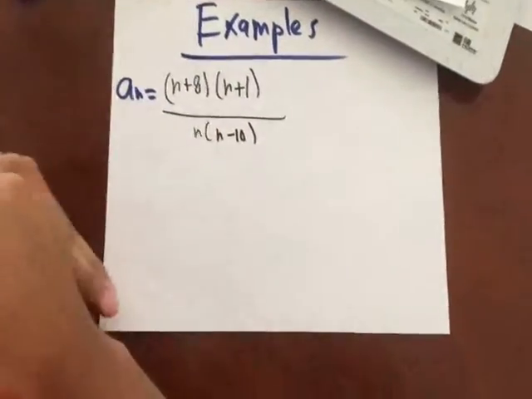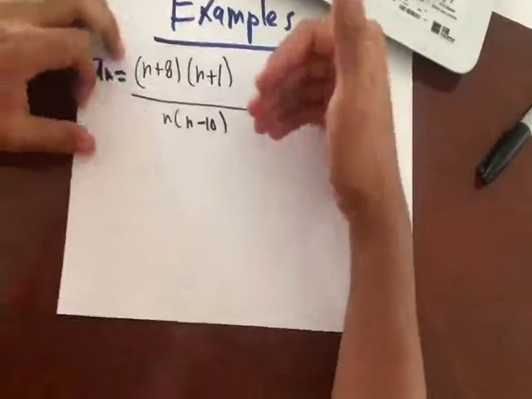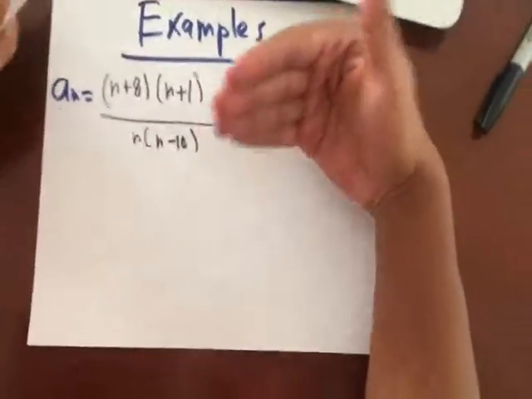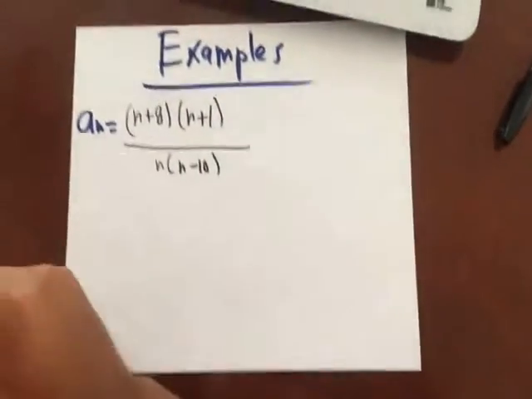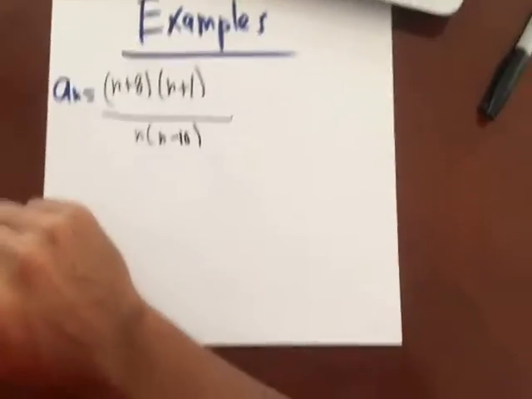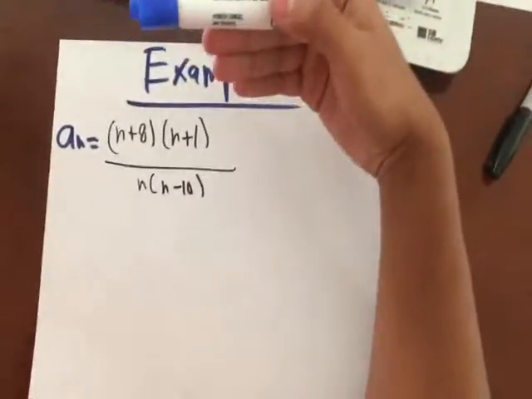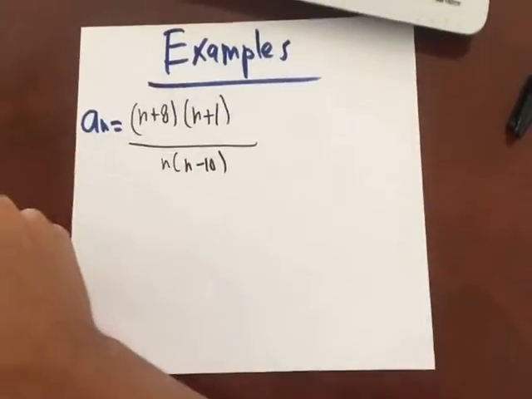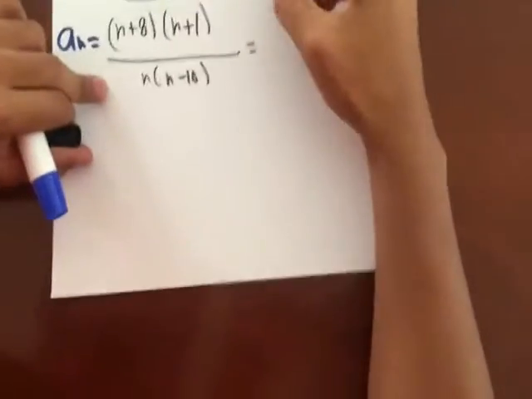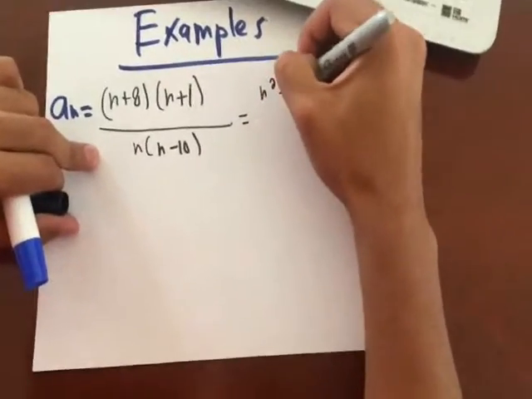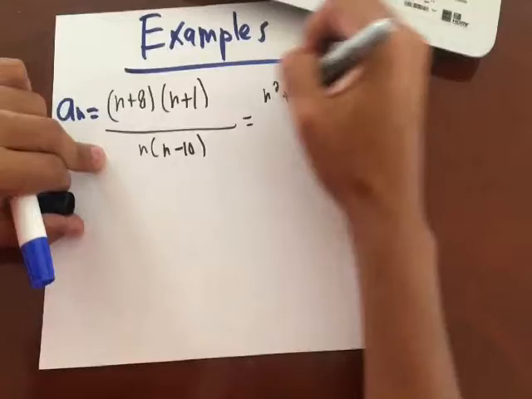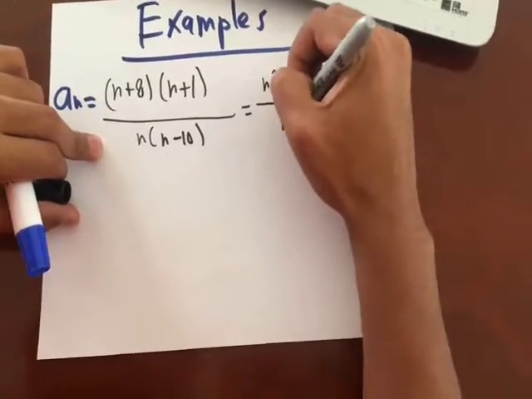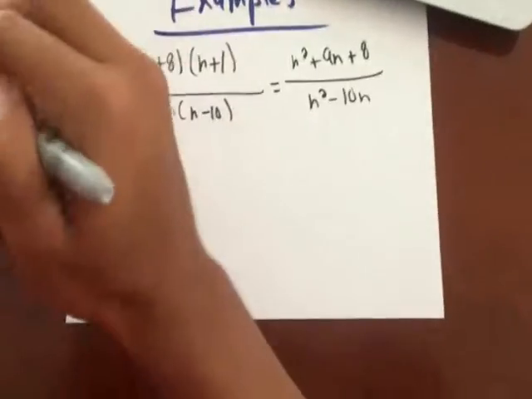We first need to simplify this expression, since we cannot infer whether, as n increases, it reaches a certain value or not. So I'm going to simplify it: n squared plus 9n plus 8 over n squared minus 10.